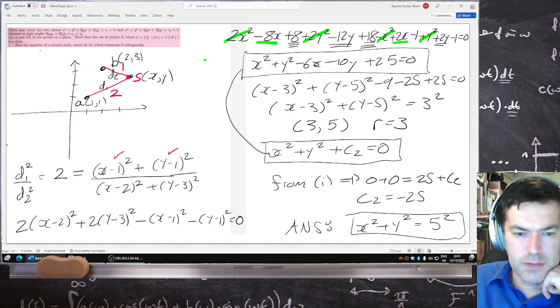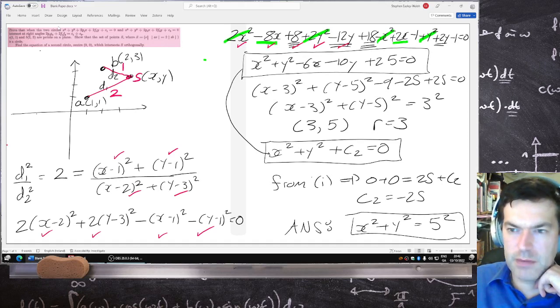(1, 1), (2, 3). That's right, that's right. That's right, that's right. 2x squared minus 8x plus 8 plus 2y squared minus 12y plus 18 minus x squared plus 2x minus 1 plus y squared plus 2y minus 1.